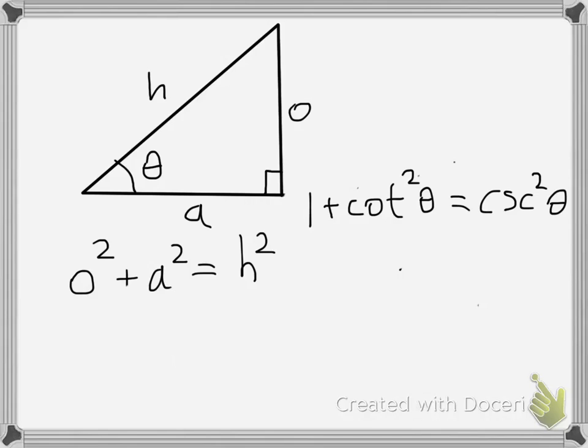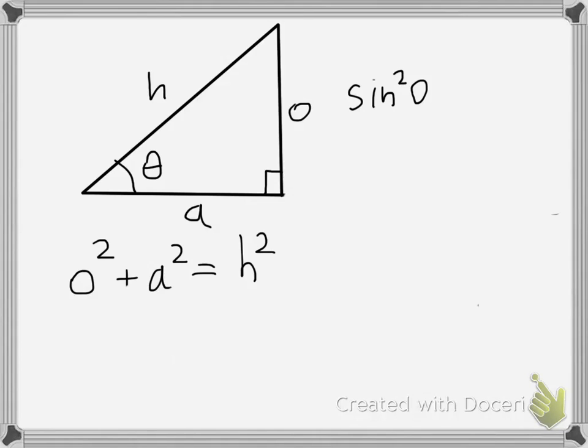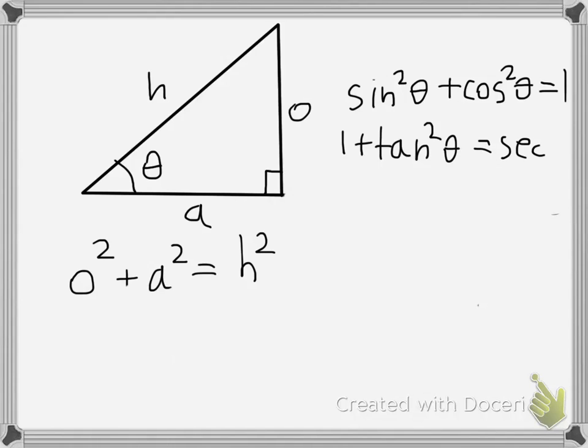So that's it for this video. All we did was use the Pythagorean theorem on a right triangle to find the Pythagorean trig identities. I'm just going to rewrite them. We've found that sine squared theta plus cosine squared theta equals 1. 1 plus tan squared theta equals secant squared theta, or secant of theta squared.